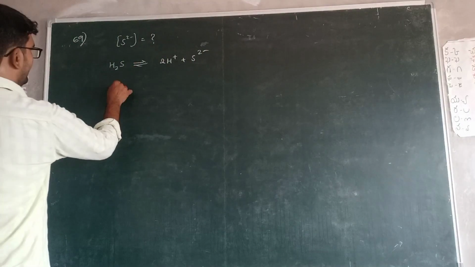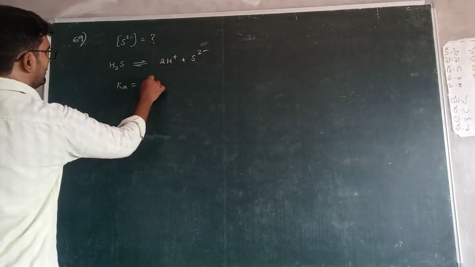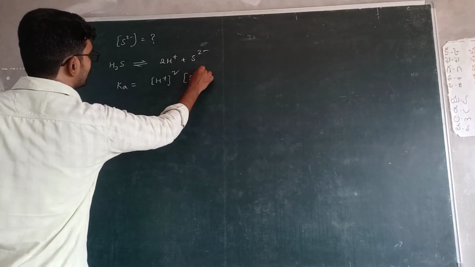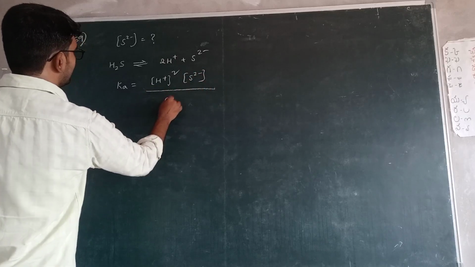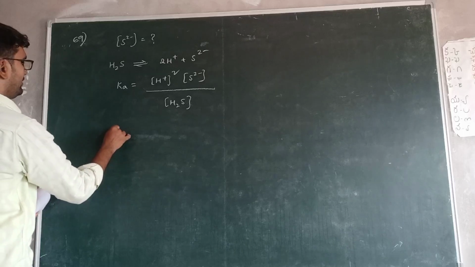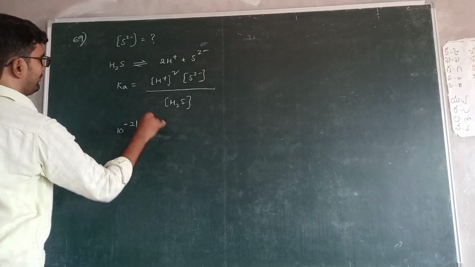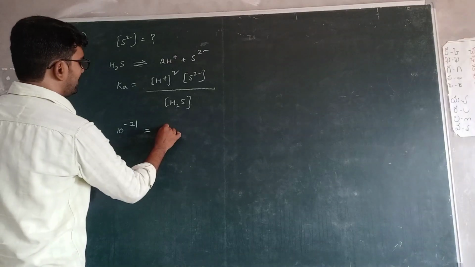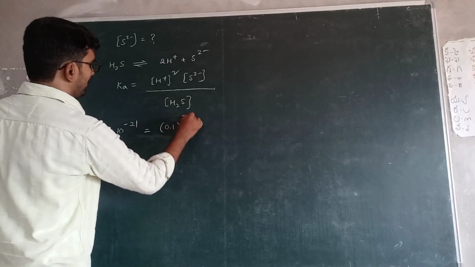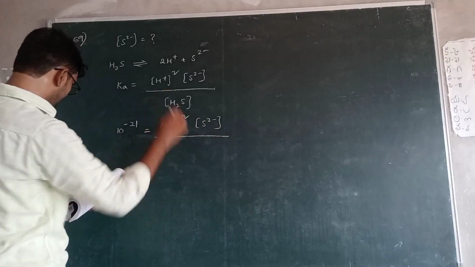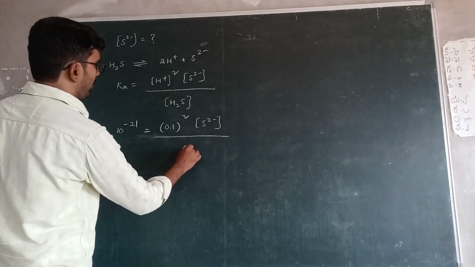For this one, Ka is equal to concentration of H plus whole square into concentration of S2 minus by concentration of H2S. Ka value is given. Ka value is 10 to the power of minus 21, equal to concentration of H plus, which is also given, that is 0.1 whole square. We don't know concentration of S2 minus. And concentration of H2S is also given, that is 0.1.